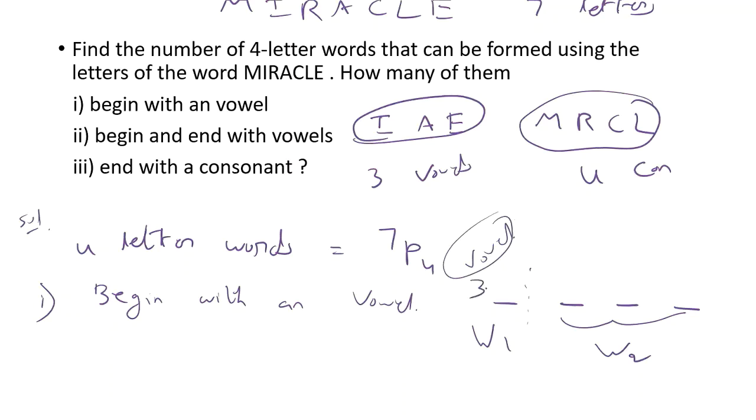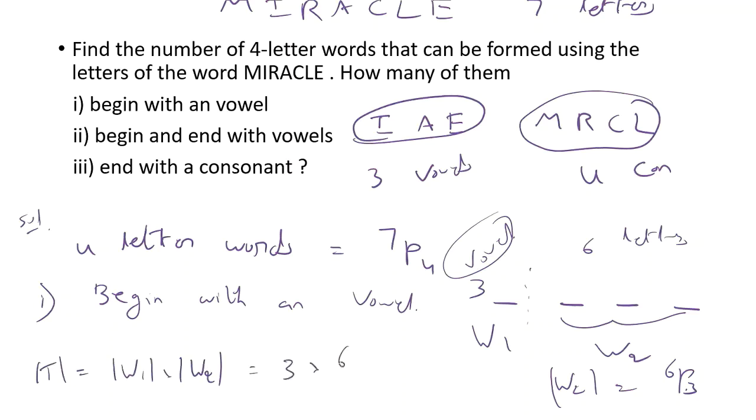After filling the first place with a vowel, we will be left with 4 consonants and 2 vowels, so 6 letters. So W2 can be performed in 6P3 ways, and W1 can be performed in 3 ways. Therefore, the total number of ways of completing the task is equal to the number of ways of completing W1 times the number of ways of completing W2, which is equal to 3 times 6P3.